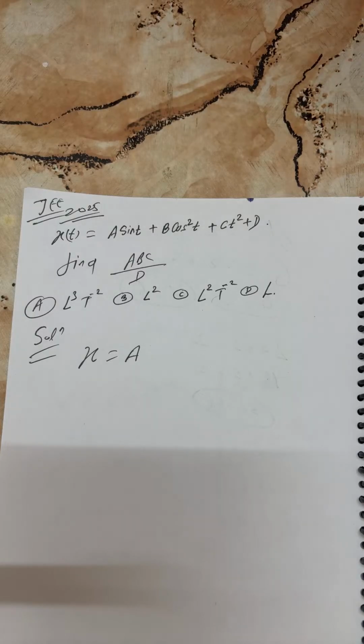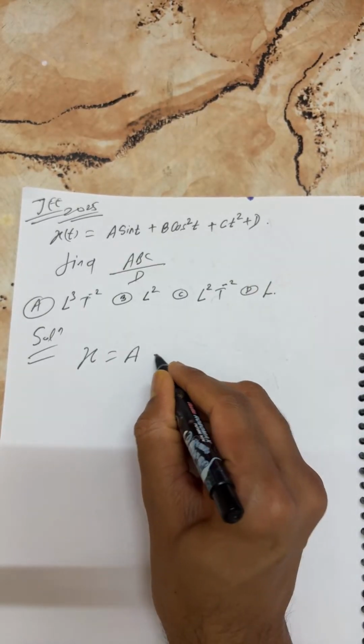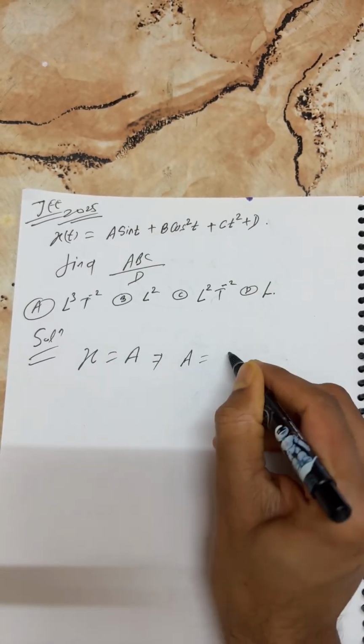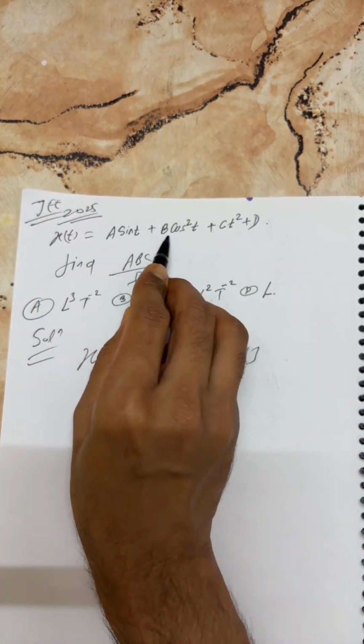Right? So these entire terms, how can you do it? Equate. X is equal to A. So what is the dimensional formula of A? L to the power 1. Again here you can say X is equal to B also.